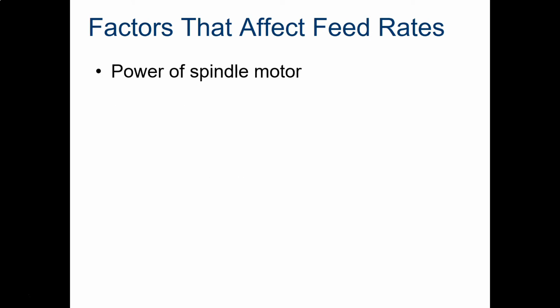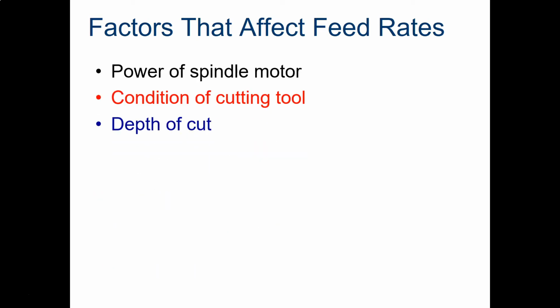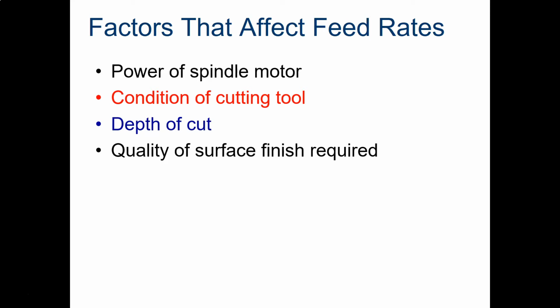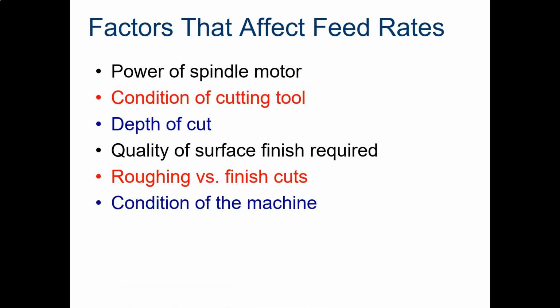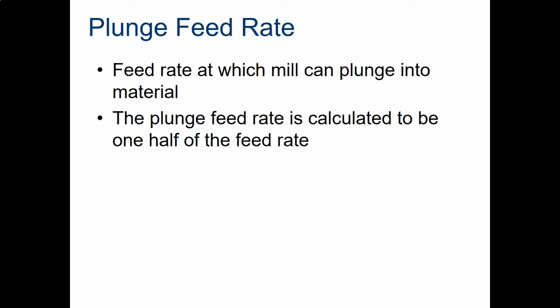Power of spindle motor, condition of cutting tool, depth of cut, quality of surface finish that's required, roughing versus finish cuts, there is a vast difference, condition of the machine that you're using, how old is it, how beat up is it, the strength of your fixture that's holding your material in place. The feed rates can also vary.